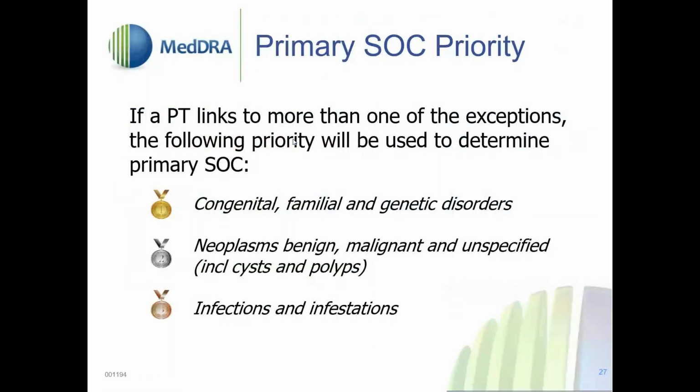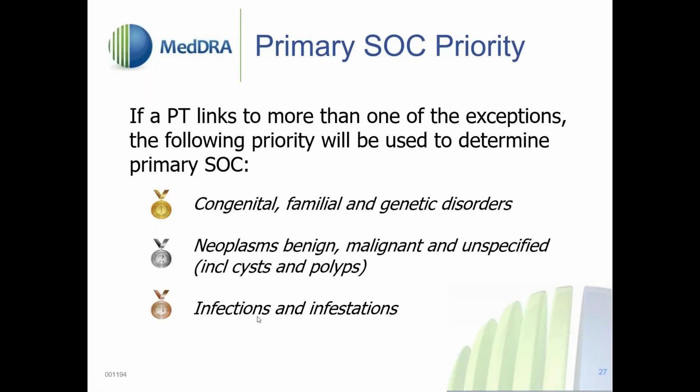Now, some PTs may contain information that relate to more than one of these exception SOCs. If so, the following prioritization applies. The congenital SOC has the first priority, neoplasms the second, and SOC infections and infestations has the third priority.